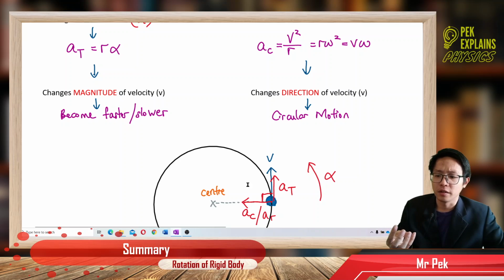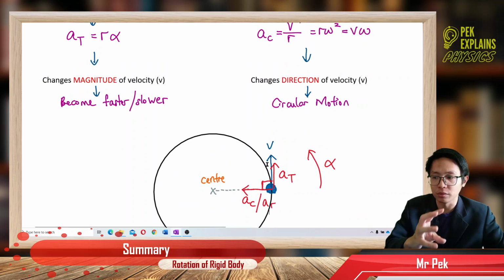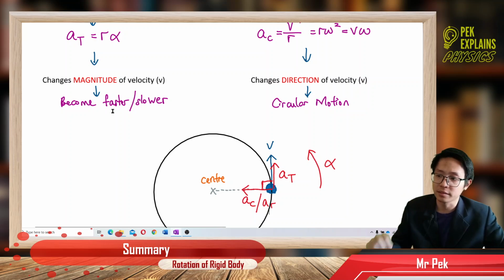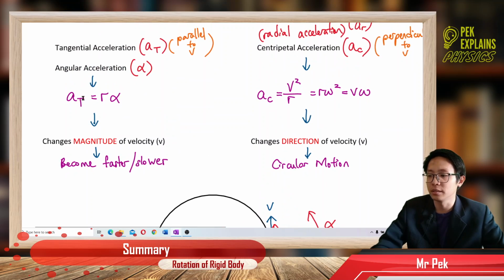It means the velocity becomes faster or slower. If accelerating, the object will spin faster and faster. If decelerating, the velocity becomes slower and slower. It spins slower and slower. This changes the magnitude of velocity. This is the tangential acceleration and also the angular acceleration.